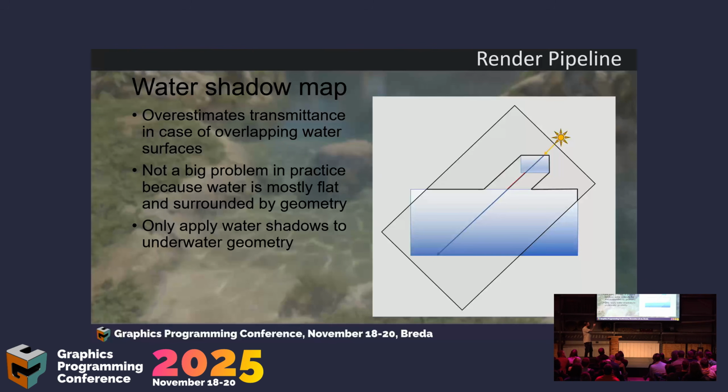Basically, it's the barely visible red part in the blue ray from the sun to the blue water volumes. That's the amount we overestimate the transmittance. But in practice, it did not prove to be a big problem because the water is mostly flat and also surrounded by solid geometry, so we have solid shadows in most cases anyway.